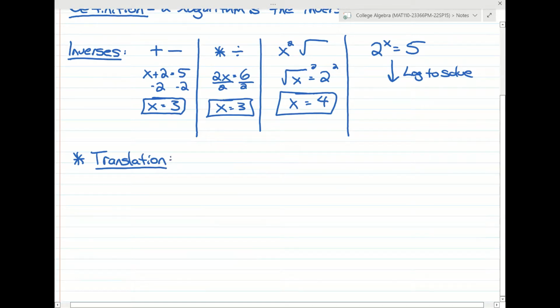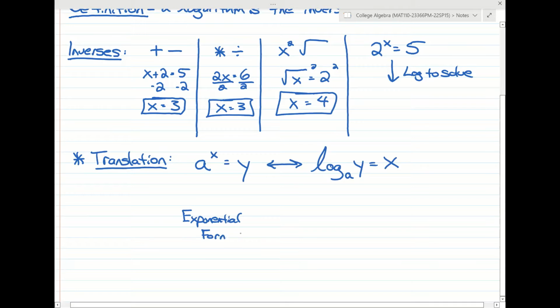The translation property says that if you have a base to a power is equal to an exponent, this is the same thing as saying log base a of y is equal to x. This is called the exponential form. And this is called the logarithmic form.